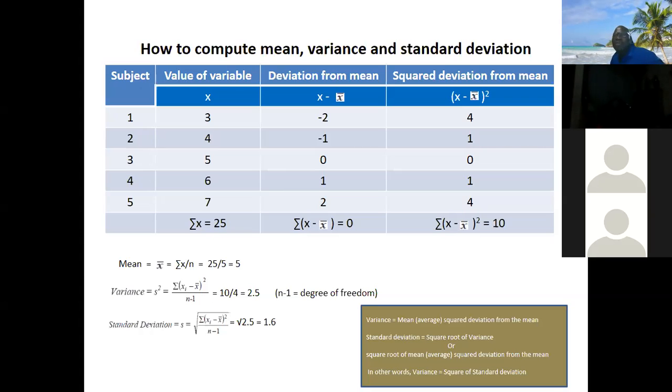So the degree of freedom for sex will be 2 minus 1, which is 1. If you say ethnicity, maybe there are 4 categories. The degree of freedom will be 4 minus 1, which is 3. But when it comes to a quantitative variable, each of them has an unlimited number of values, so the degree of freedom will be the sample size minus 1.